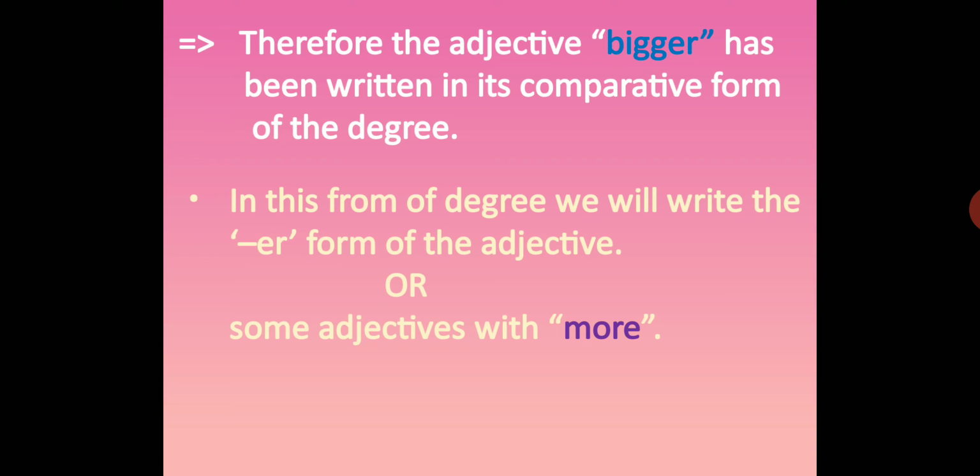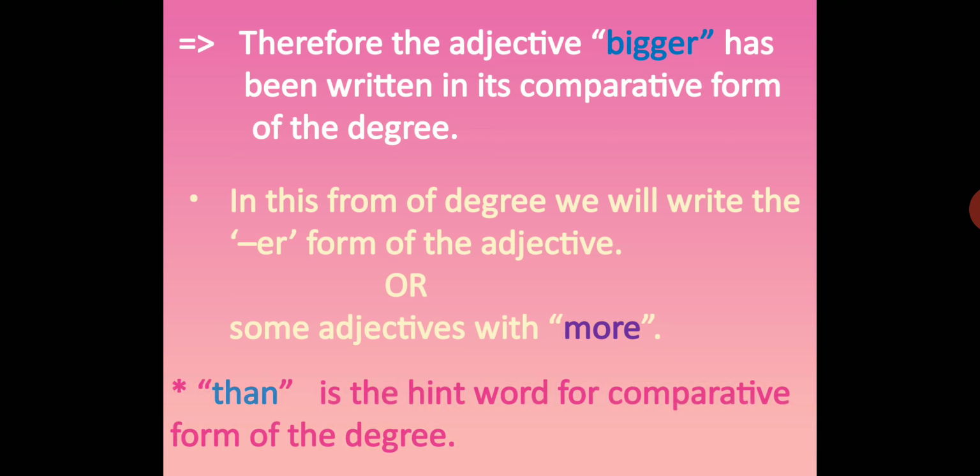And if we want to identify which kind of degree is used in the sentence, every degree has one hint in the sentence. For example, for the comparative form of the degree, than is the hint word.